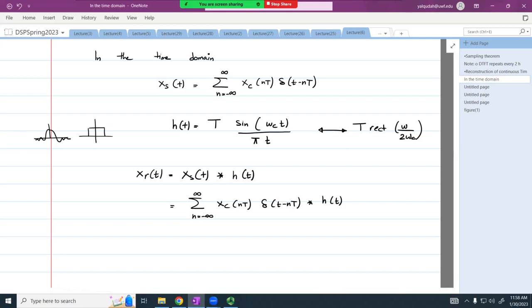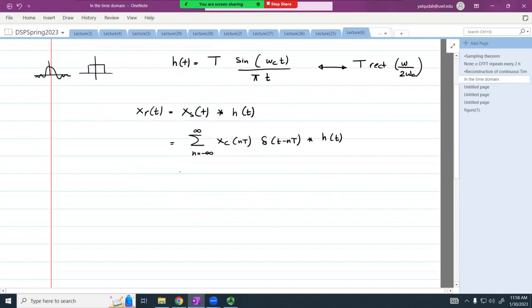Okay. What is this going to equal? Anybody want to try to give me what this expression is equal to? What is a delta function convolved with h of t going to give me? H of t.